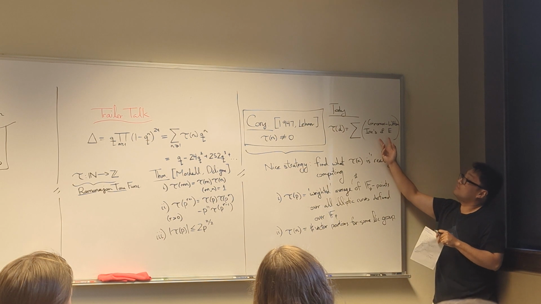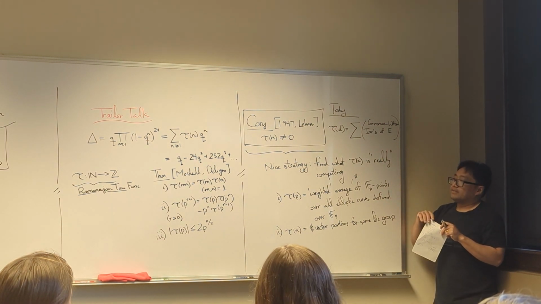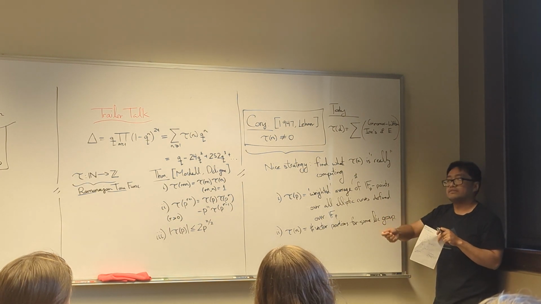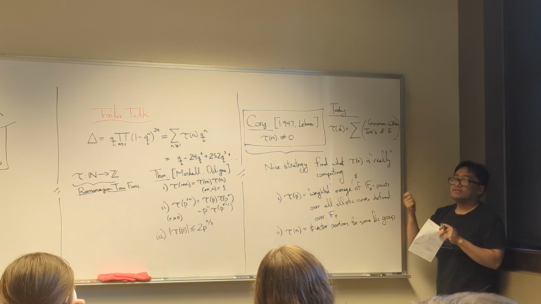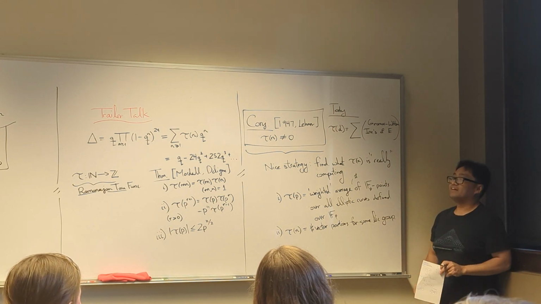You can write everything on the right-hand side purely in terms of irreducible characters of the symmetric group and these things called shifted symmetric power sums. Okay, that is my trailer.